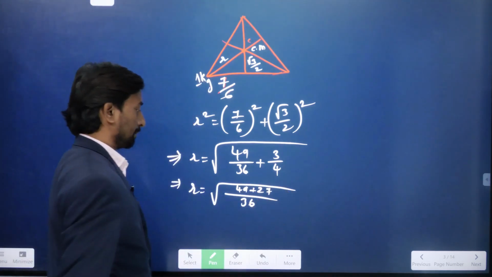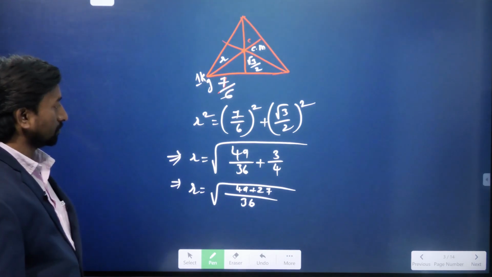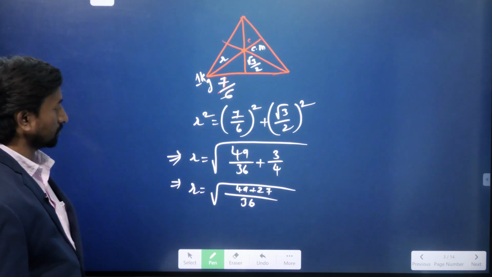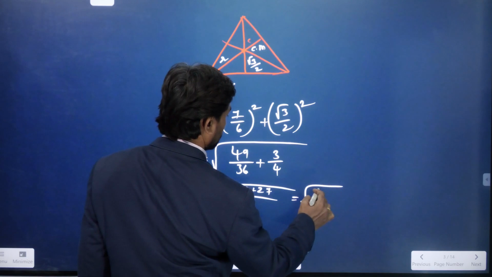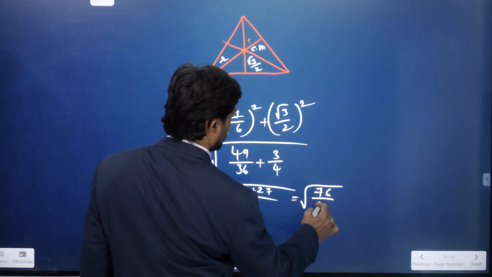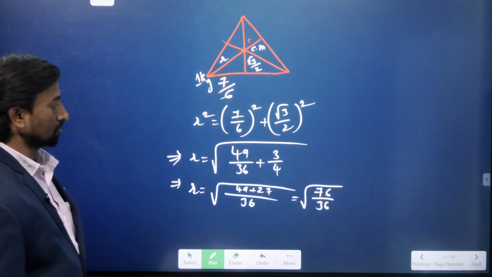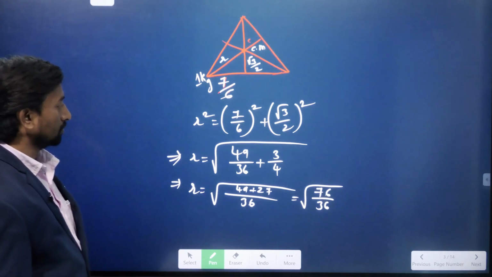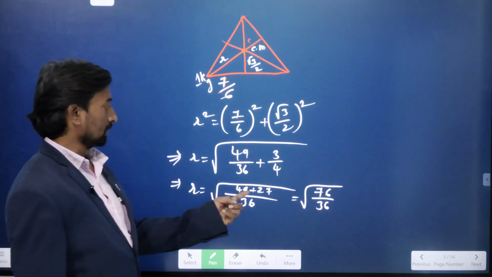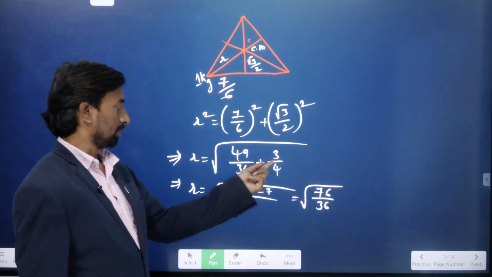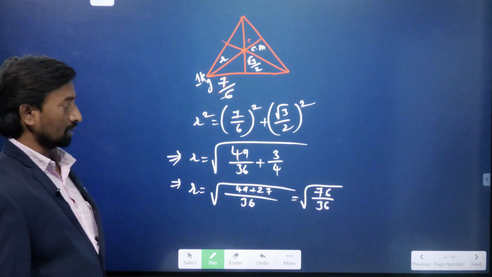This will be the 27 there. So 49 plus 27, we get 76 divided by 36.